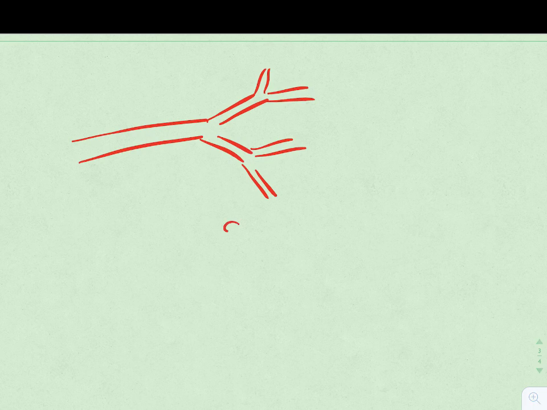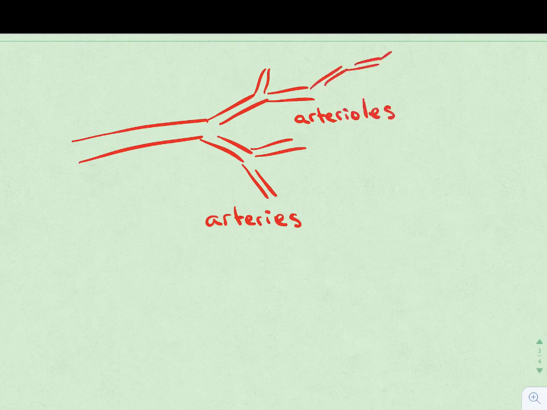So you have your arteries, and then these split into smaller bits that are called arterioles. And then at the very end of this section, you have these very, very small blood vessels that are known as capillaries or capillaries. Either way is fine, how to say that.